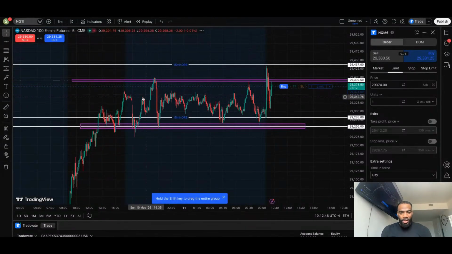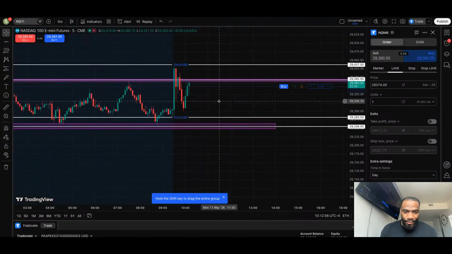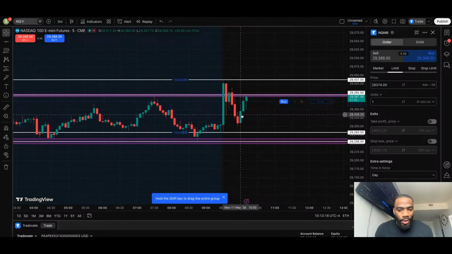I ain't gonna lie, this is nasty today. It's just dropping. I'm not a fan of trading in those environments. Not a fan. I definitely could have gotten a good entry down here, but I missed it.